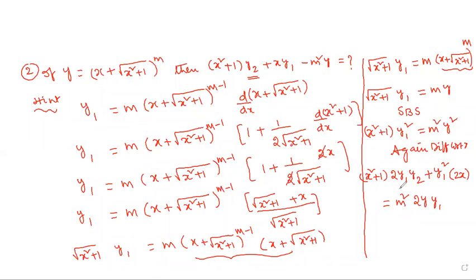Take 2y1 common and cancel. Now what is the remaining? See, (x square plus 1) into y2 plus x y1 minus m square y is equal to 0. That is the required answer.